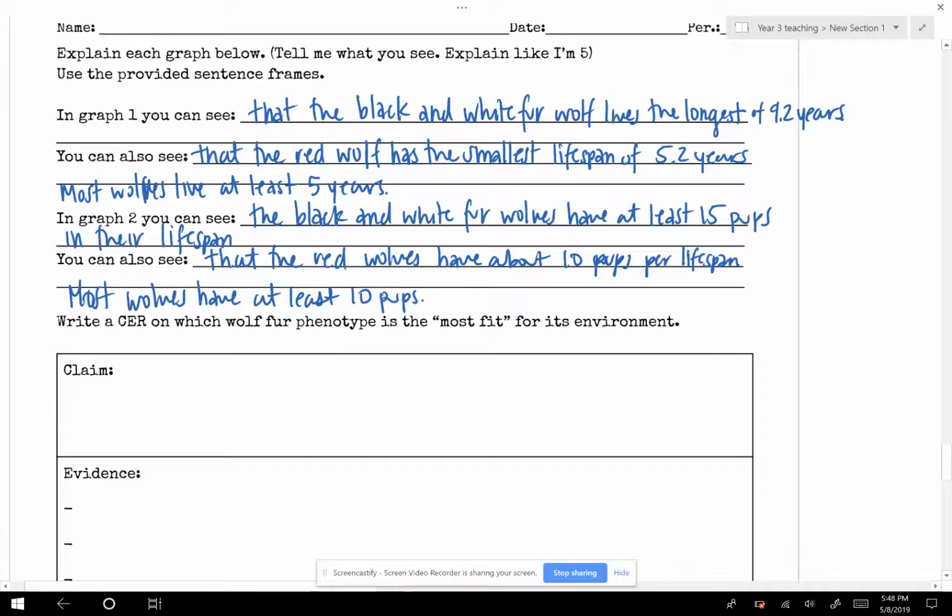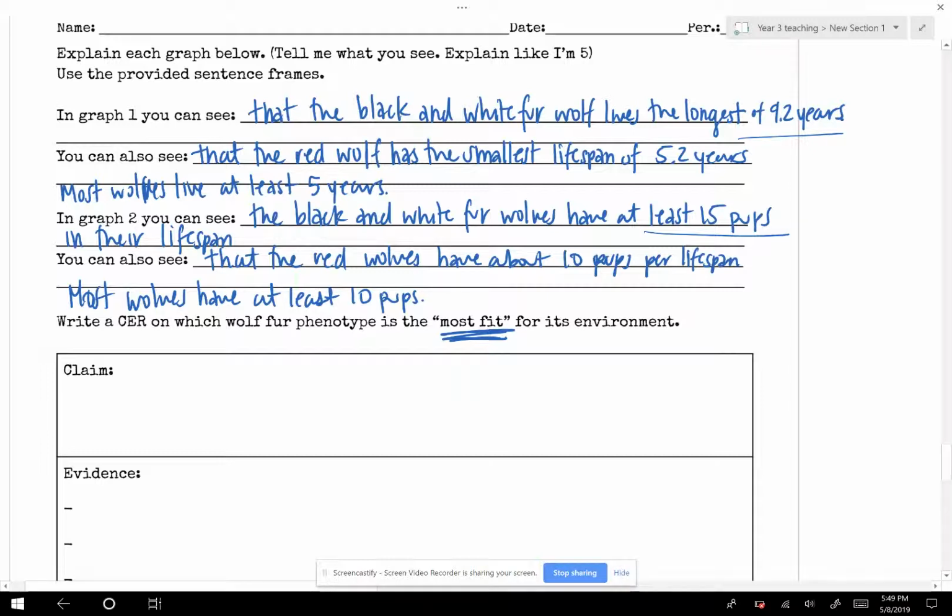Okay, so now they're asking us to write a CER on which wolf fur type is the most fit. In other words, we have to talk about which fur color is the best to have, right? For our claim, very direct answer, right? So we got to pick one. Looking at this, we have the one that has 9.2 years and it has the most pups. And remember, to be fit means that you're able to survive and reproduce.